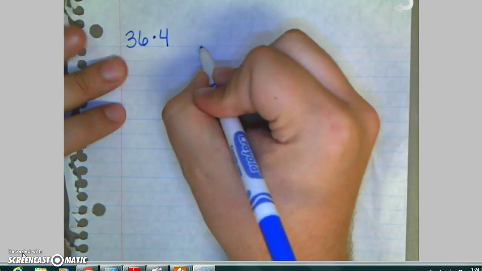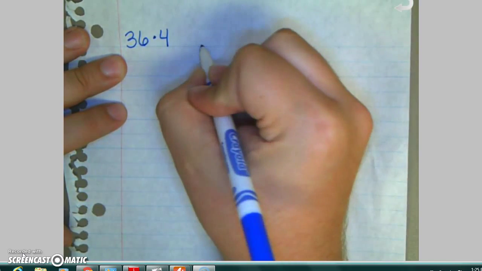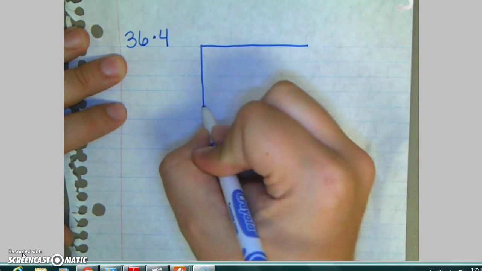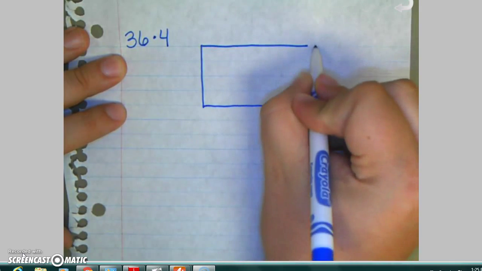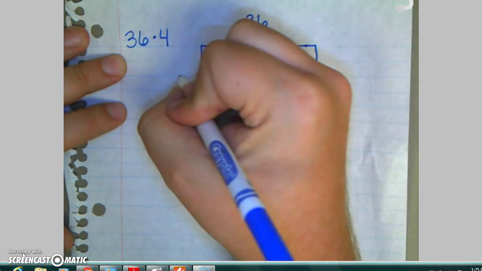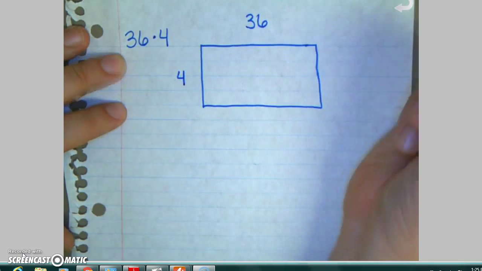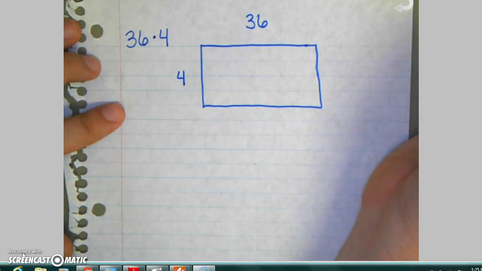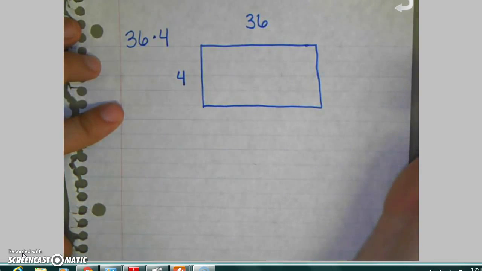The final way to approach a problem like this is through the use of what we call the area model. So if I do 36 times 4, I'm going to draw a rectangle. One side will be 36, the other side will be 4. And there are a couple ways to approach this problem.